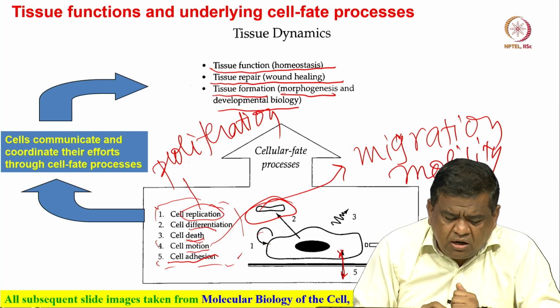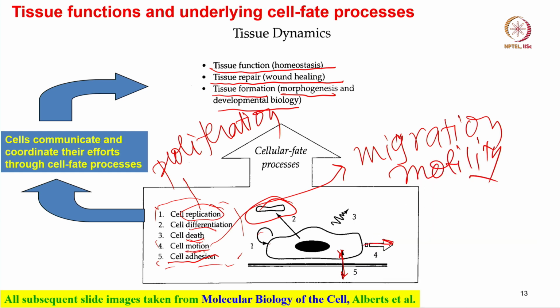Cell motion, number 4, like cells can also crawl, like a baby crawls on the surface. Similarly, cells also can crawl on the surface, but at a much lower speed than a baby who starts crawling on a floor at the initial stage of life.